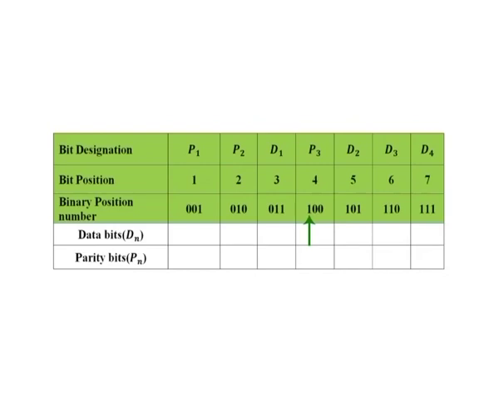It checks all bit positions including itself that have 1s in the same position. Therefore, parity bit P3 checks bit positions 4, 5, 6 and 7. In each case, the parity bit is assigned a value to make the quantity of 1s in the set of bits that it checks either odd or even, depending on which is specified.